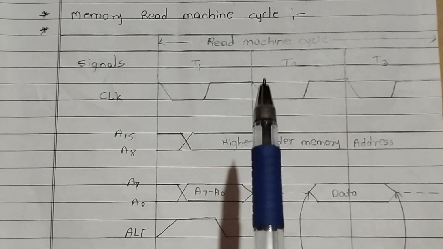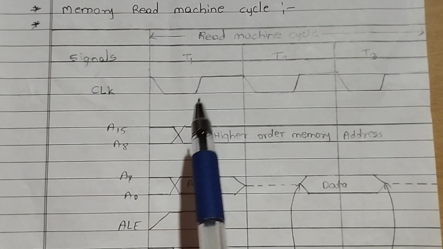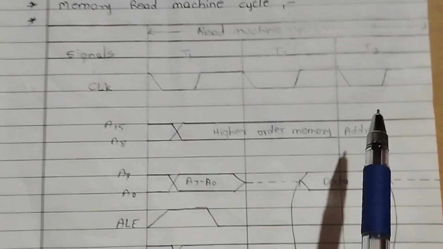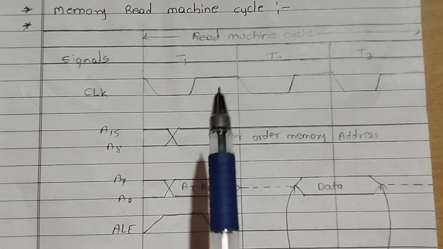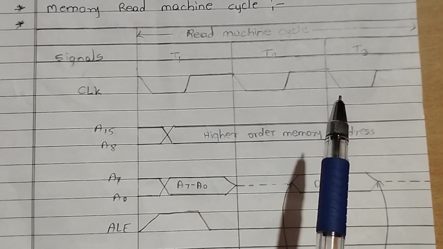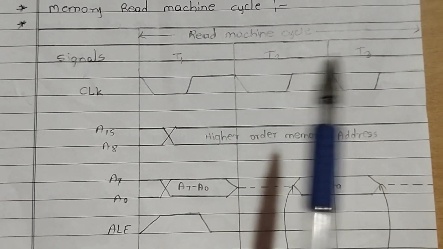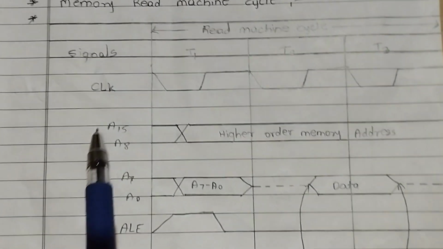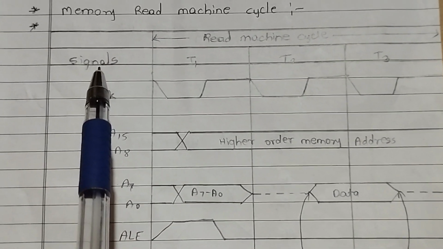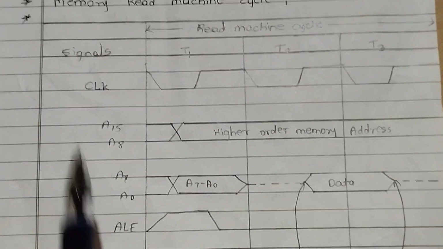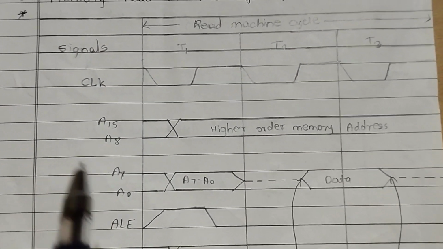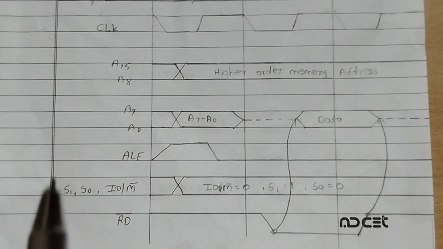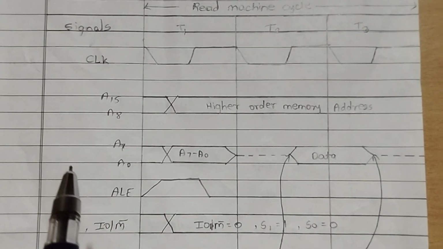To draw the read machine cycle, the first step is to draw columns for the T states. For the read machine cycle we want 3 T states, so we draw 3 columns first, then mention T1, T2, T3. At the left side we write all these signals: clock signal, addresses, ALE, IO/M bar, read bar, write bar.